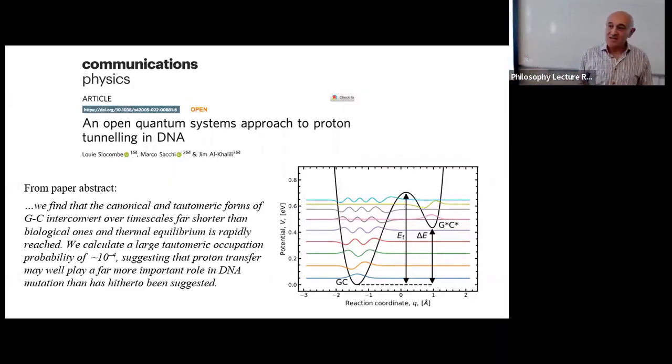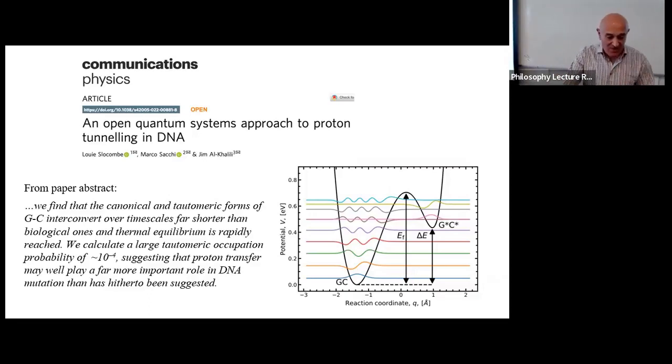But that doesn't matter. What it means is at any given moment, as far as the biological system is concerned, the state of this proton is in thermal equilibrium. If you take a snapshot, there'd be a fixed probability that you'd find it in the deep well or the shallow well.